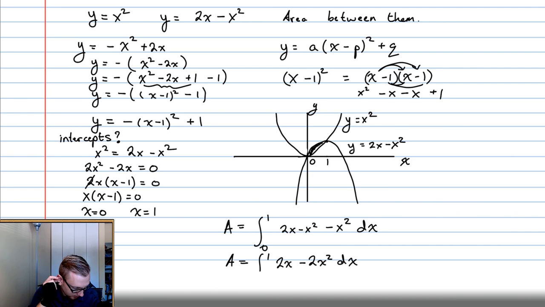Now eventually we'll start going into like a volume, rotating around an axis or around a line or anything like that. So we'll get funky shapes. Which will be interesting.